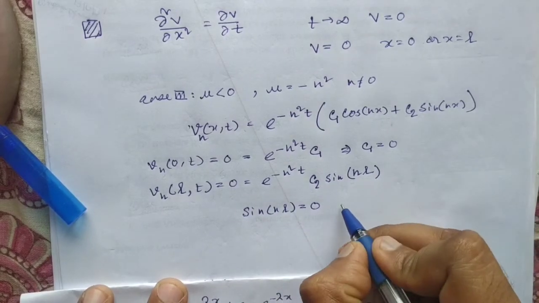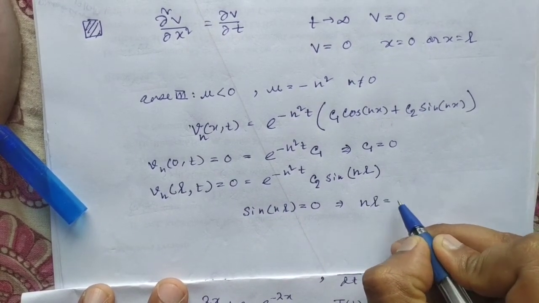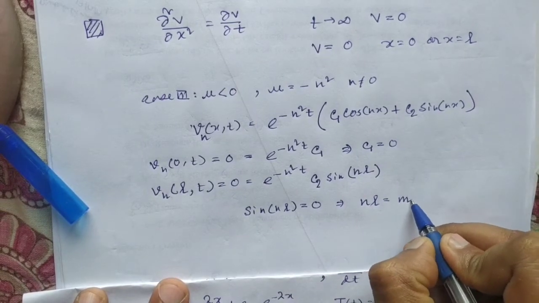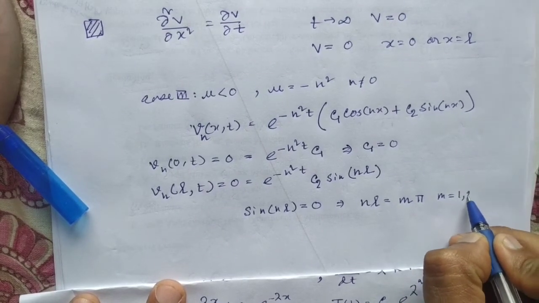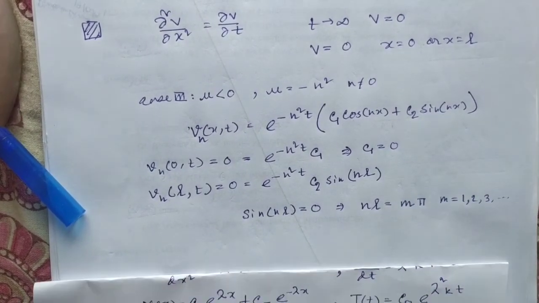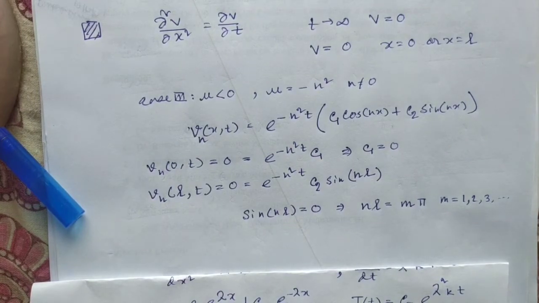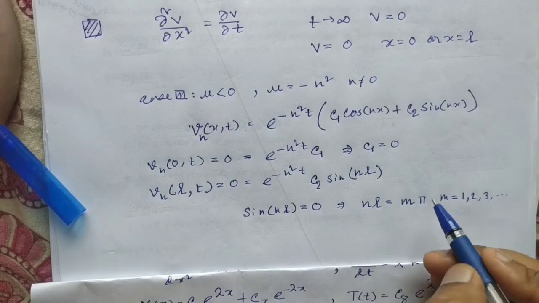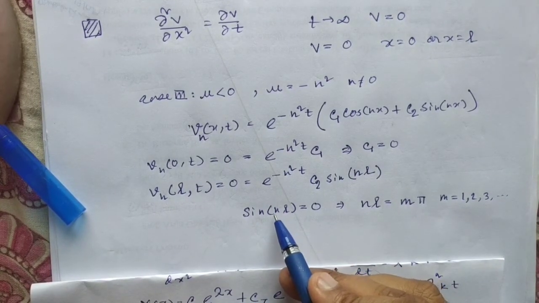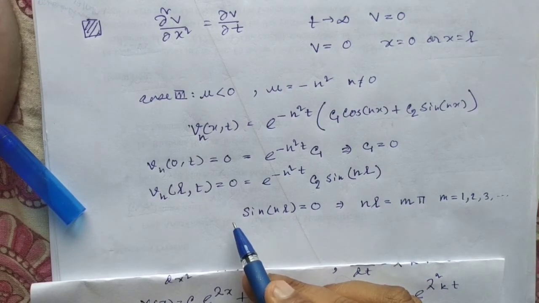So we are saying that sine of nL is equal to 0 in such a case. Now this means nL is equal to some m multiplied with pi, when m is equal to 1, 2, 3, etc. Right? So you can ask me, sir, m is not equal to 0, that's very good, but why is m not equal to minus 1, minus 2, minus 3? Even if you take it to be minus 1, minus 2, minus 3, the minus will go out because this is an odd function.